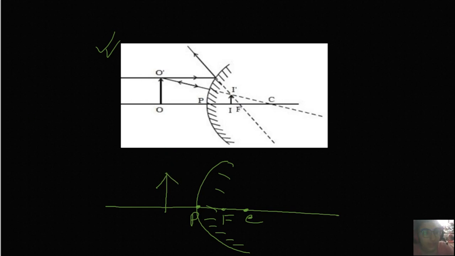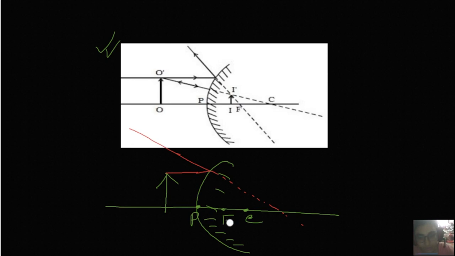So what's going to happen? One parallel ray, one second, let me draw a little bit more clearly. Yeah, so one parallel ray, after reflection, it will be, okay, see now since I've drawn it like this, you can accordingly position your focus.